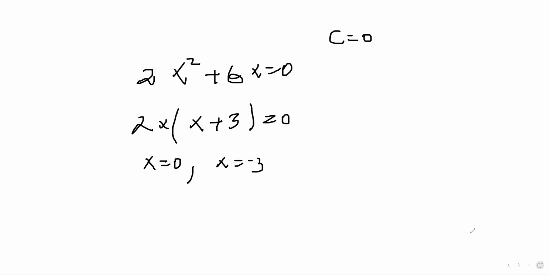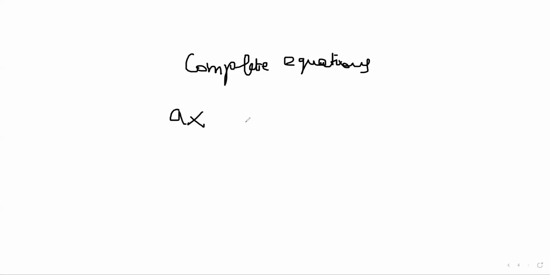Now let's continue today with the complete case. Complete case means that we have complete equations. Of course, we are talking here about quadratic equations. With complete equations, we have all the coefficients present in the equation.